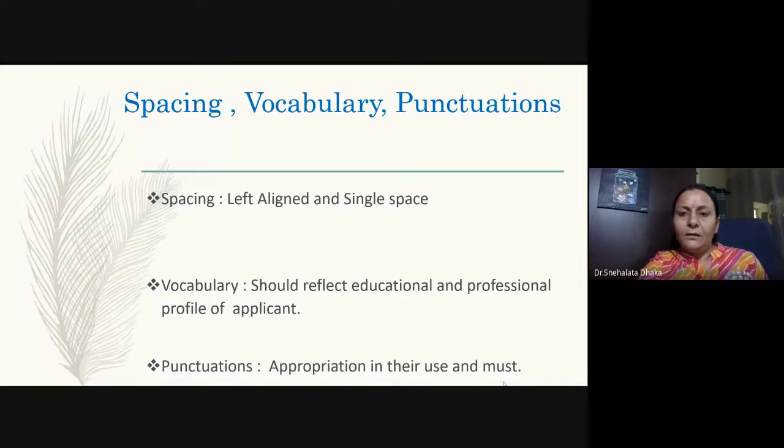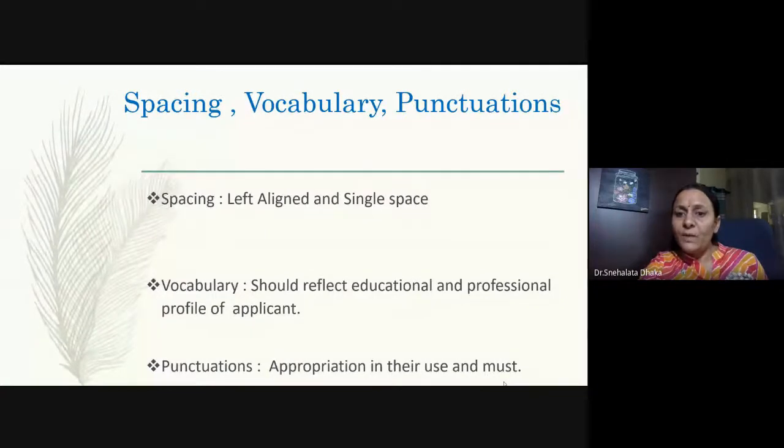After each step, there should be a single space, and then the next step should be written. For example, after the heading, there should be a single space and then the subject has to be written. After the subject, again a single space should be there and the salutation has to be written.